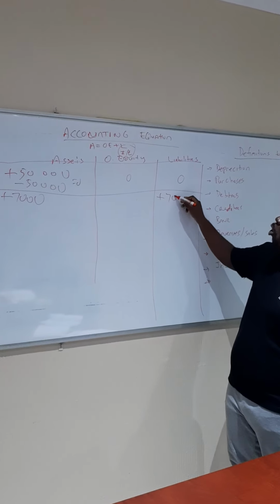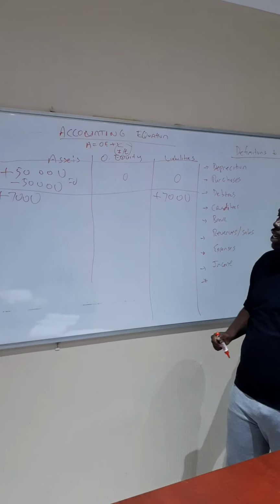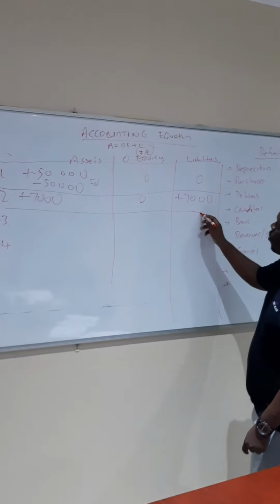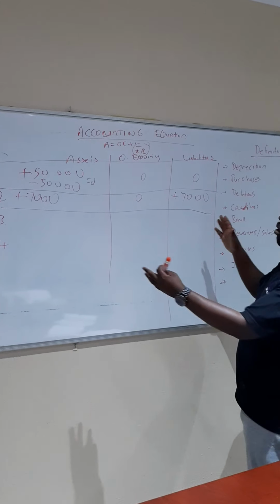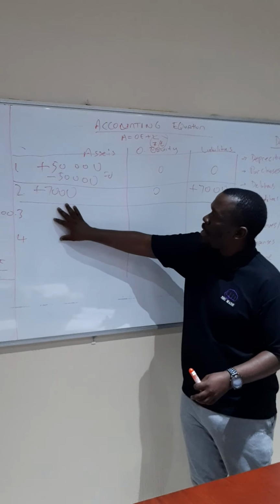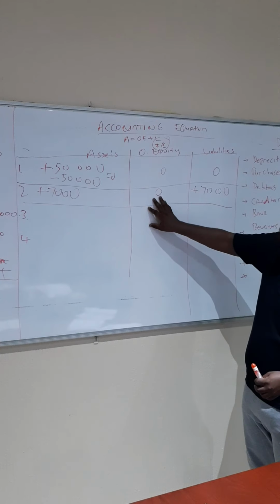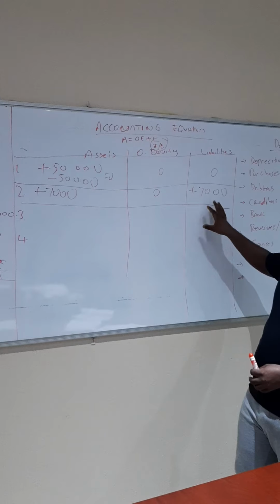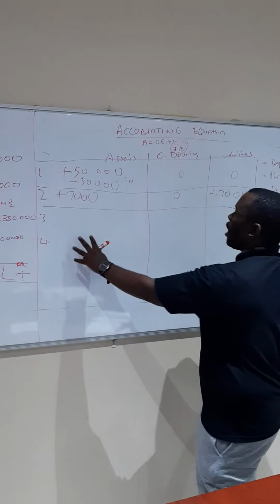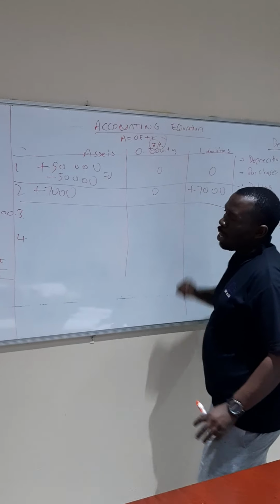It's something that we will owe, which means our liabilities will increase by 7,000, and there will be no effect on our equity. Now let's check if the equation balances. Plus 7,000 is equal to 0 plus 7,000. Yes, it balances. So our accounting equation should always balance. The left side should always equal the right side.